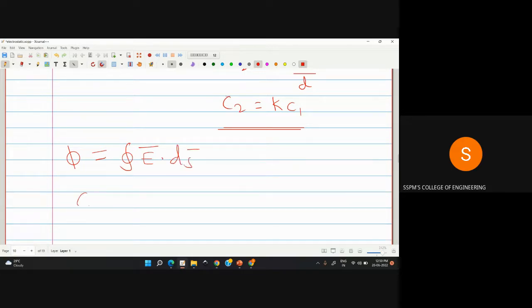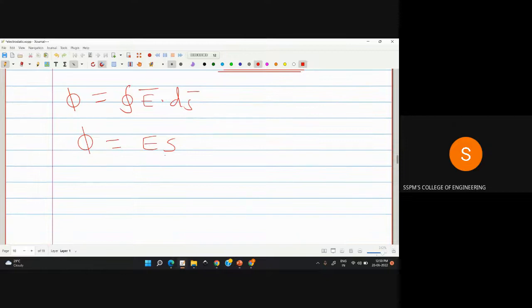Or in a simple way, the line of flux is a product of electric field and the surface area. And you know the definition of electric field? The electric field is defined as change of potential with respect to distance. So you may write the line of flux is equal to voltage per unit distance multiplied by surface area.